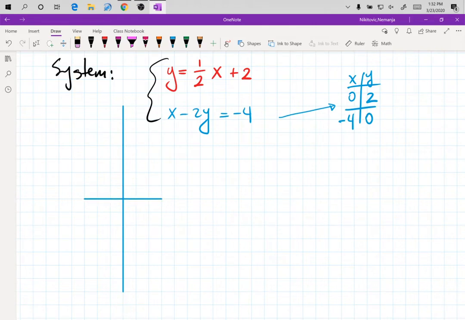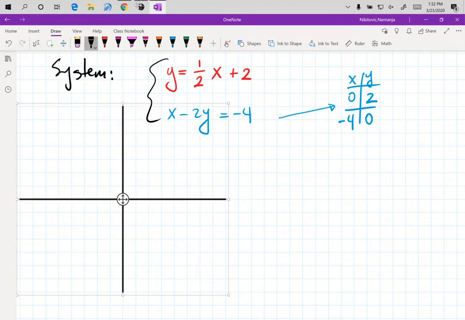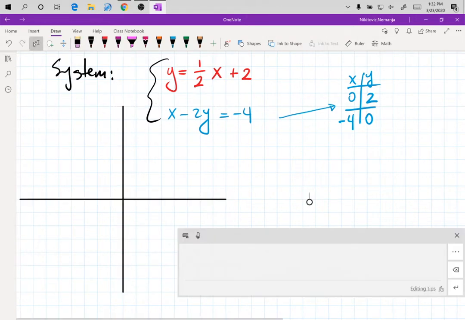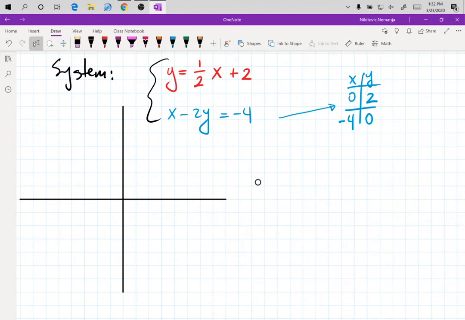Oops, I didn't want this to be blue. Can I change it now? Yes. Okay. So let's go and put, remember that you are supposed to put x and y first. So y-axis and x-axis. Now, red equation. Start at 2, go 1 up, 2 over, and draw the line.